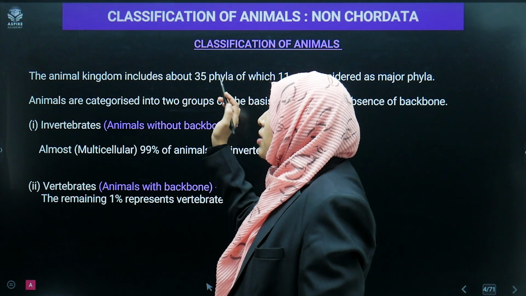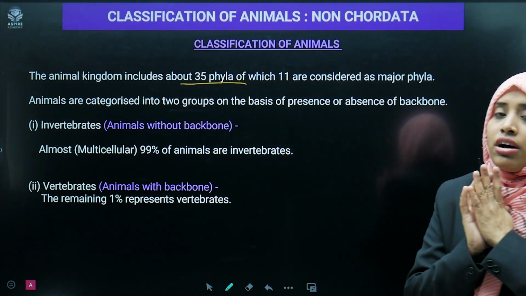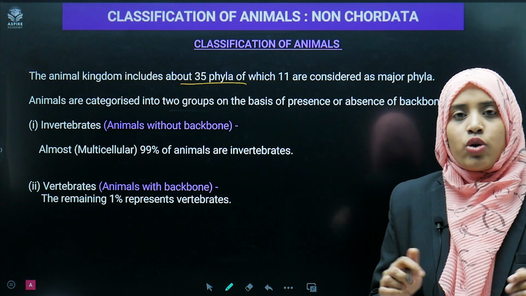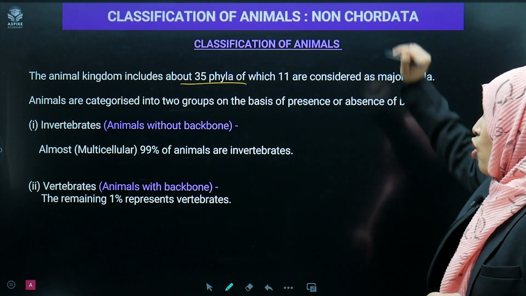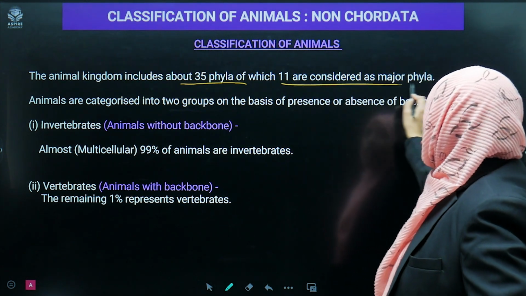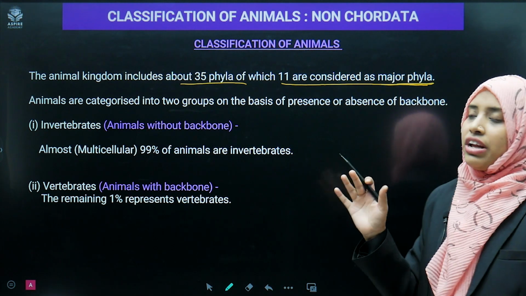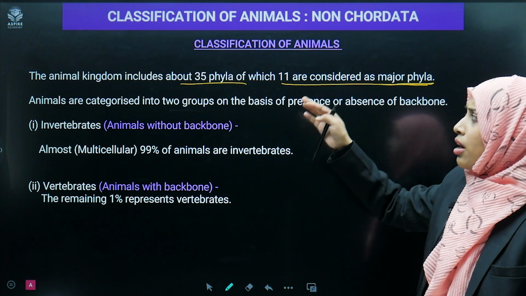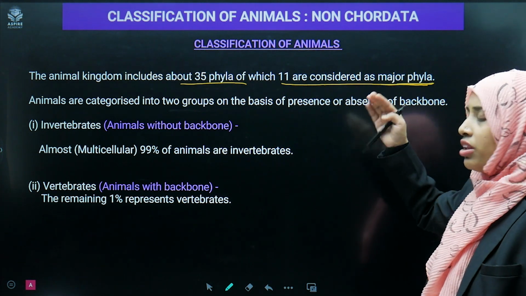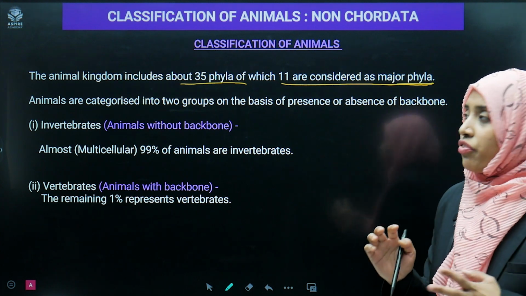So kingdom Animalia includes 35 phyla. अगर पूरे organisms का classification देखोगे, the phyla total 35, of which 11 phyla are considered major phyla, the biggest phyla. उनमें भी जो सबसे बड़े phylum है, total 11, and the rest of the others are also phyla but not the major ones.